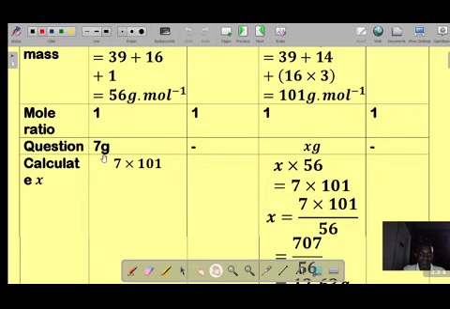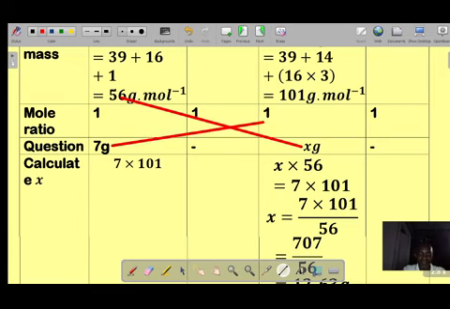If you see here, the 7 grams is this one here, and I want to get my x here. So now check this out. I'm going to cross multiply. You see this 56 grams per mole is going to be multiplied with this x here. When I'm done, I'm going to equate the 7 multiplied by 101.